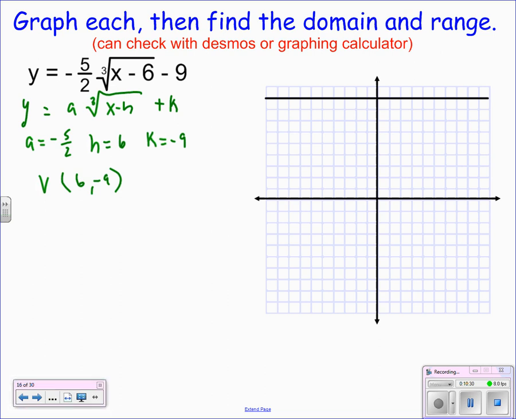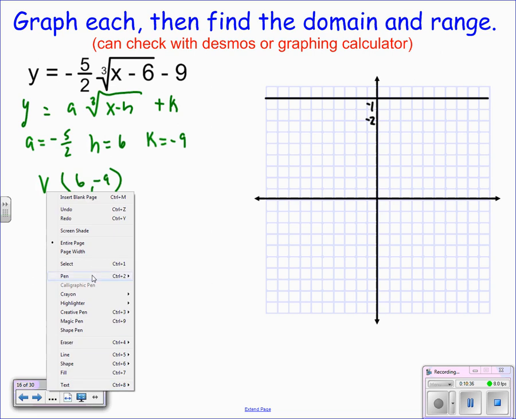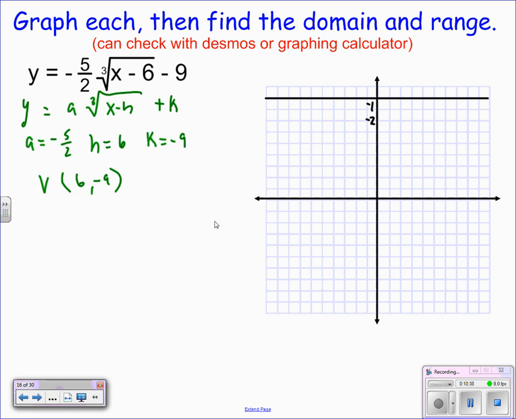So this is -1, -2. All right, so 3, 4, 5, 6, and 2, 3, 4, 5, 6, 7, 8, 9 is right here. So there's our vertex.